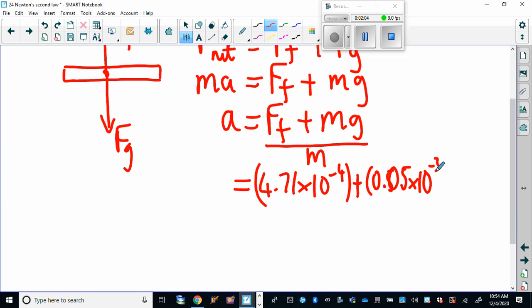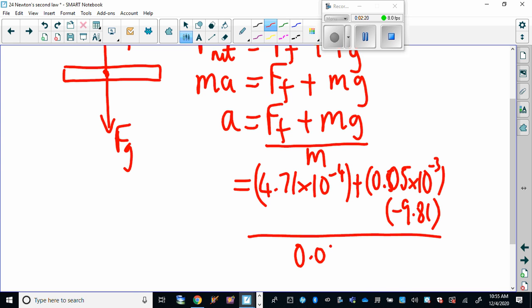That's how I'm going to write it, in kilograms, times gravity, which is going to be negative. And I know that's going to happen, so I'm just going to write it here. All divided by the mass, 0.05 times 10 to the negative 3.